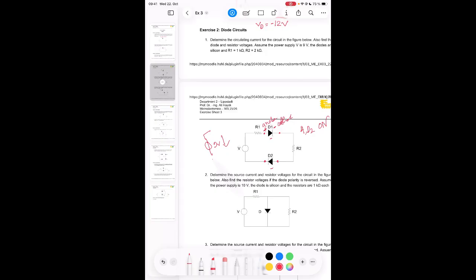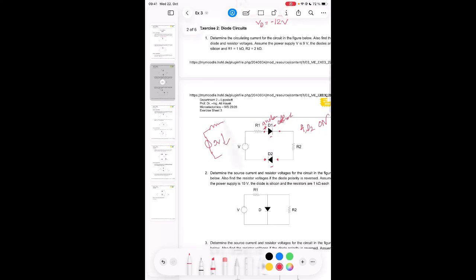We have our first one. Now the first switch is closed. Then we have our 0.7 volt because we decided to take the voltage drop model. Then we have our second resistor. R1 is 1 kilo. Here is 2 kilo.